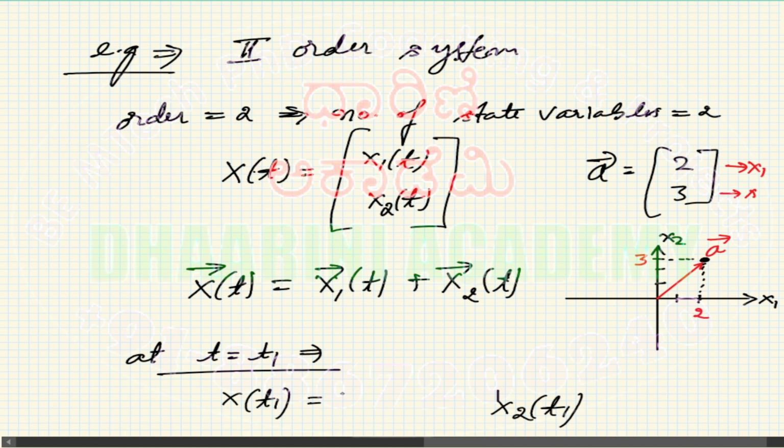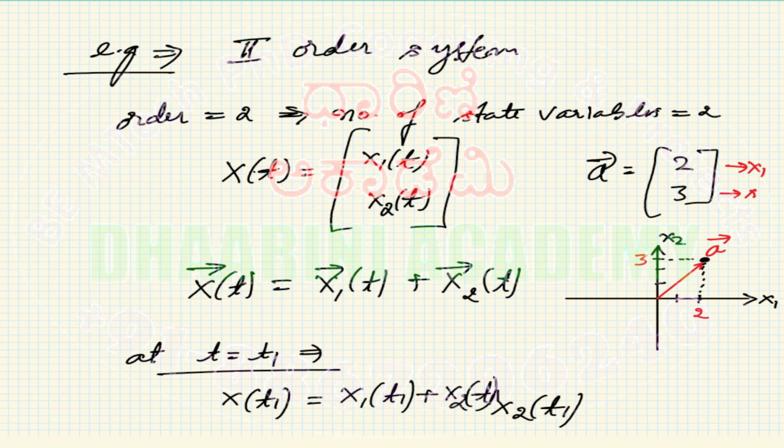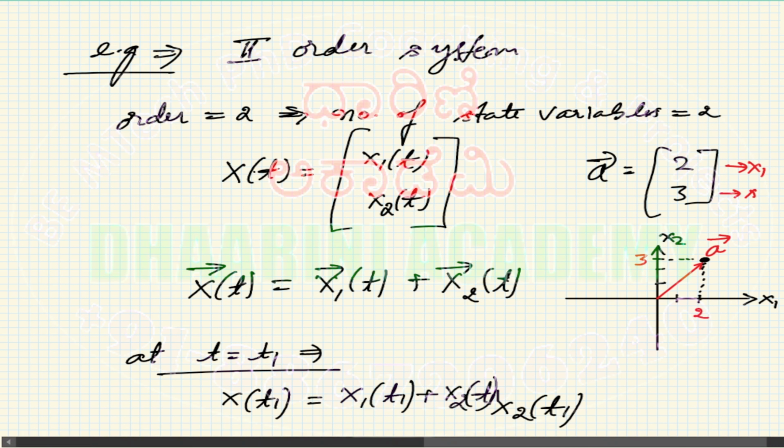So the physical meaning is that you add up the two components of a vector to get the complete representation of that vector.